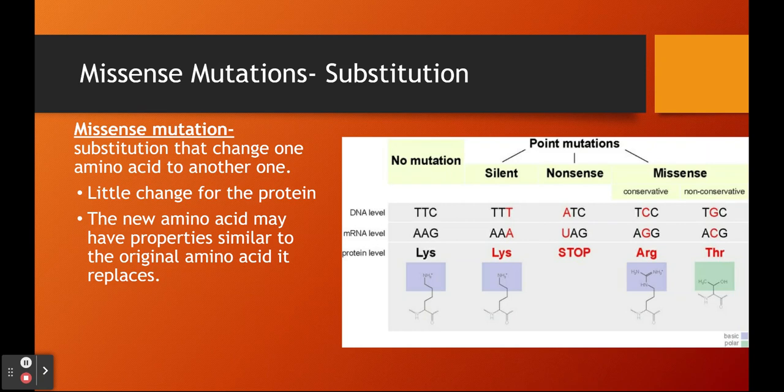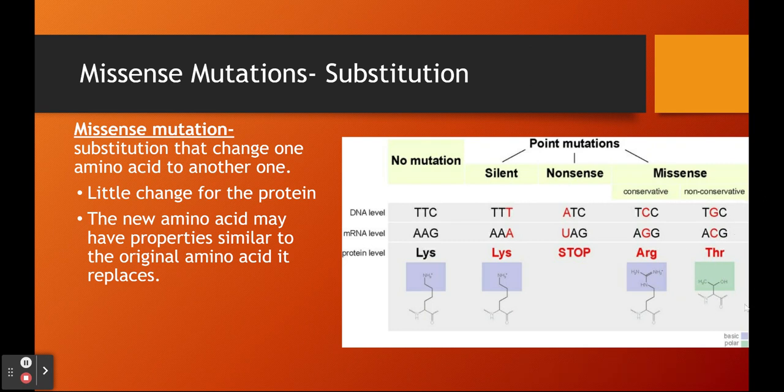In this case, if you look at the structure of this amino acid, it is almost the same as a lysine structure, just slightly different. That is close enough that the chemical structures are so similar, it may not really change the amino acid structure that much. So it's a little bit less detrimental. But if you look at the non-conservative region, look at this one.